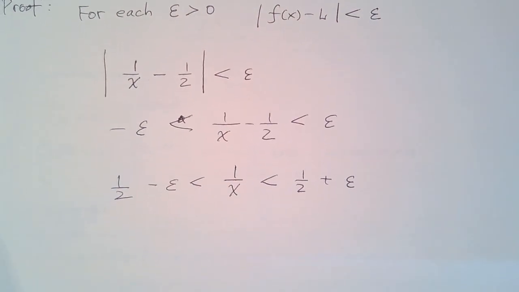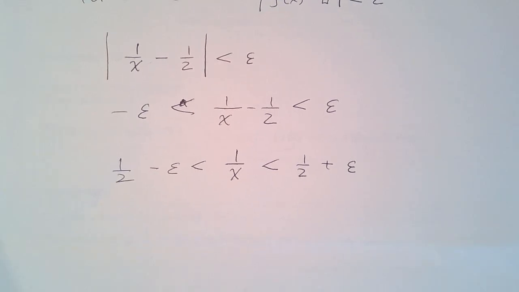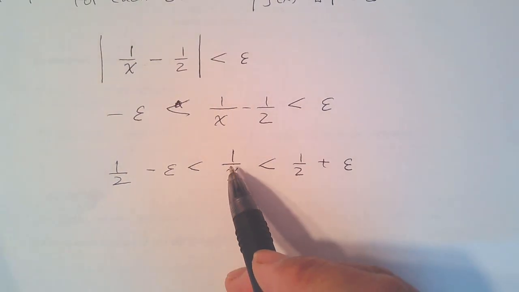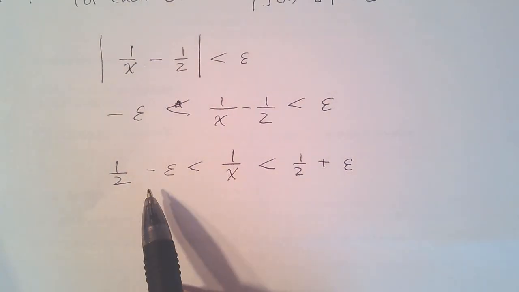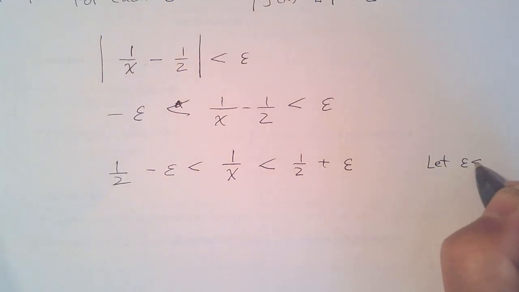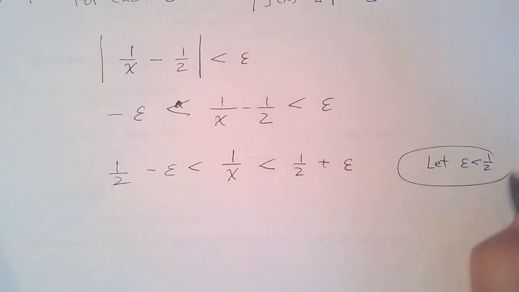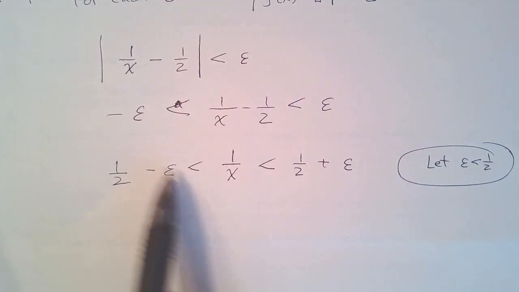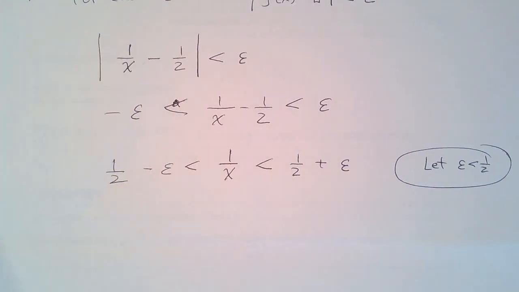How do I go ahead to get something about x? You might want to flip it, and we know this is positive, and we let epsilon be less than 1/2. The reason I let it be less than 1/2 is because I want this to be positive, because I don't want to deal with a negative number.